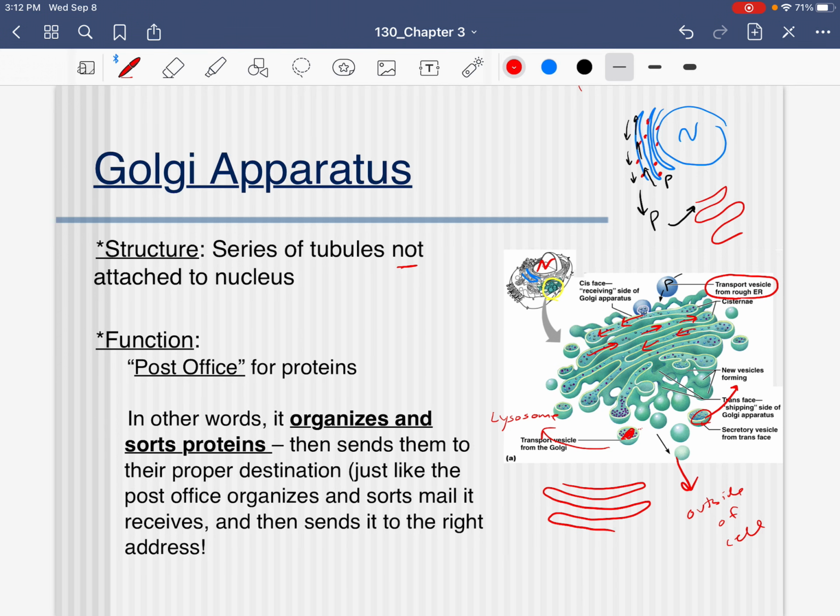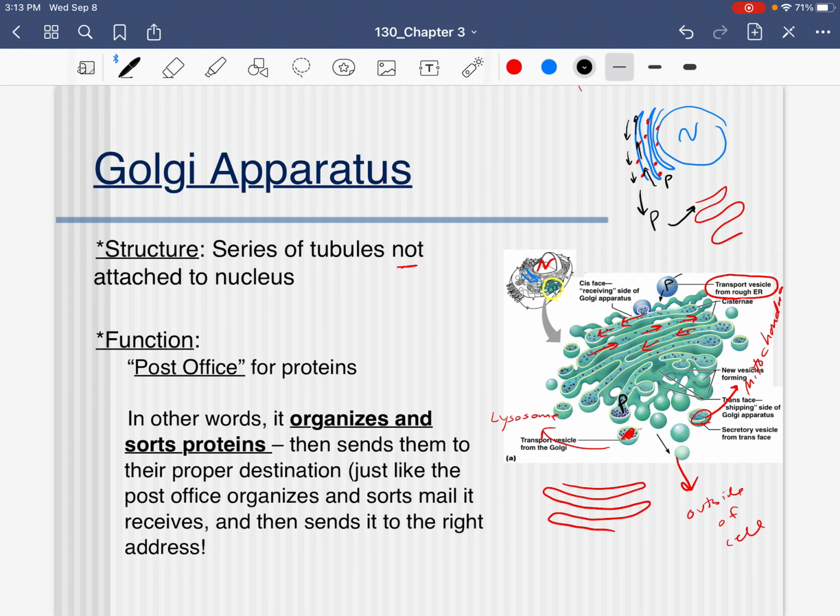Maybe even other proteins we want to send to the mitochondria. So you see, once the proteins get to the Golgi apparatus, they're organized, kind of like a post office. And then they are sent out to other parts of the cell.